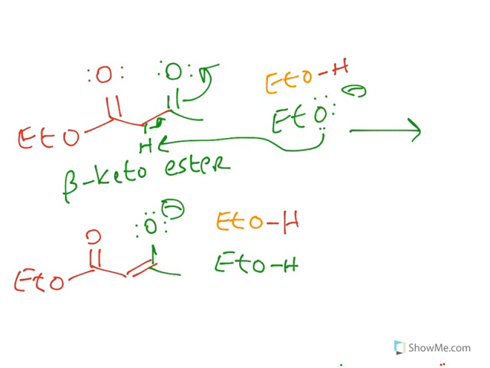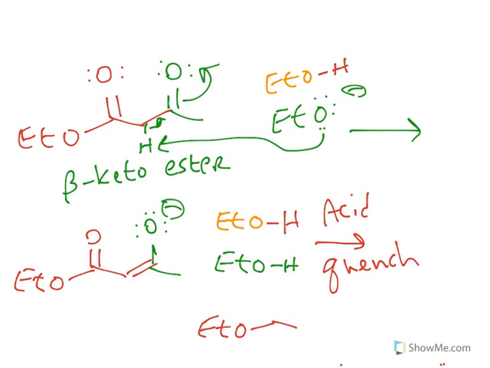So this is almost a one-way street to the conjugate base of the beta keto ester. So this reaction is not going to go anywhere until we do what we call an acid quench. And once we have an acid quench, we're going to put back on the proton to give us our beta keto ester.